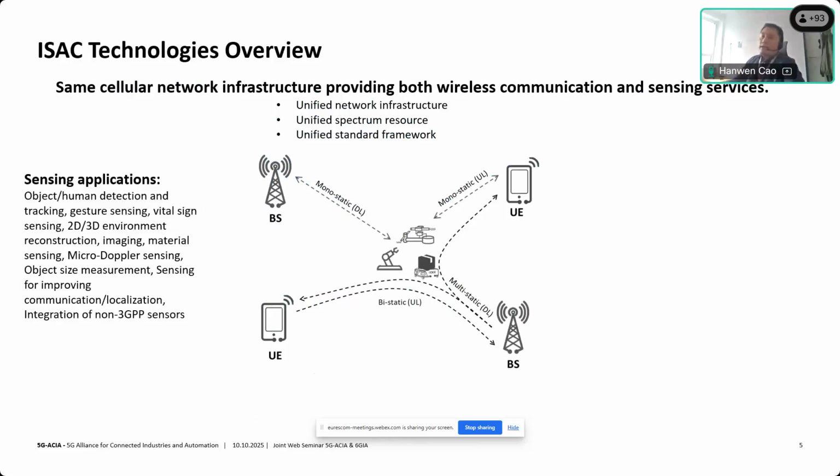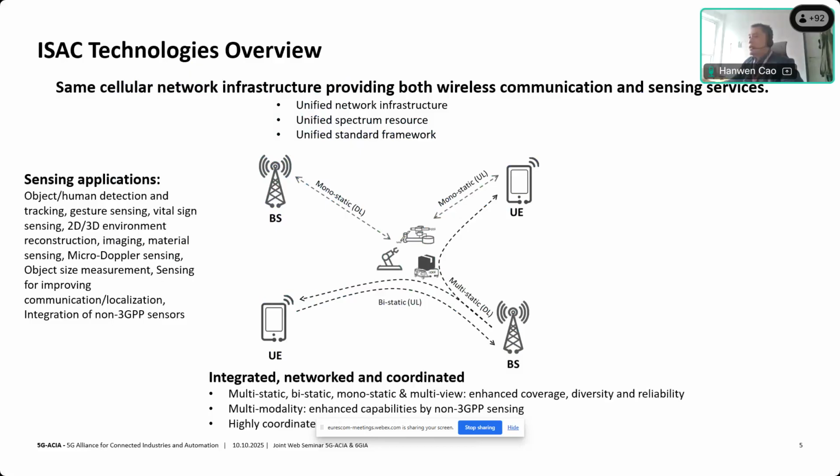And there are many applications, many use cases, and I just saw from all the, let's say, SNS projects, a lot of use cases, and also there are some also from our 5G-ACIA site, ranging from object human detections, environment reconstruction, imaging, micro movement sensing, object size measurement, and also to unify the sensing and the communication localizations. The integrated network and coordination.